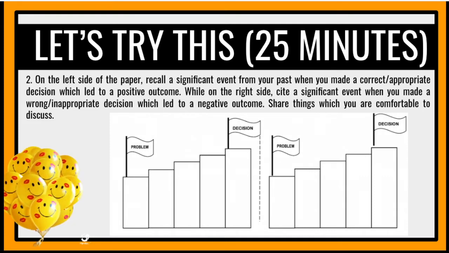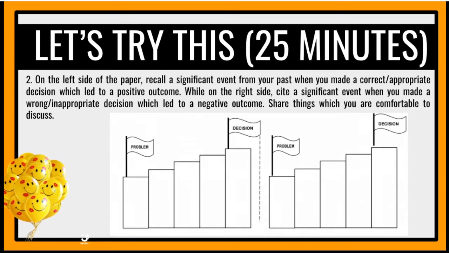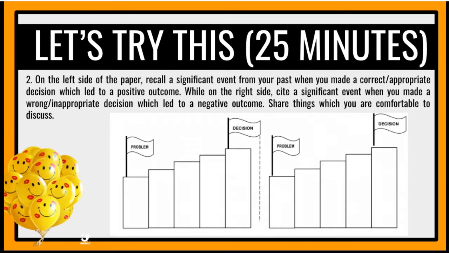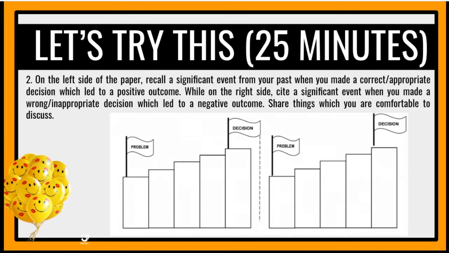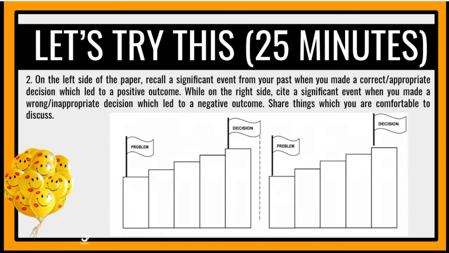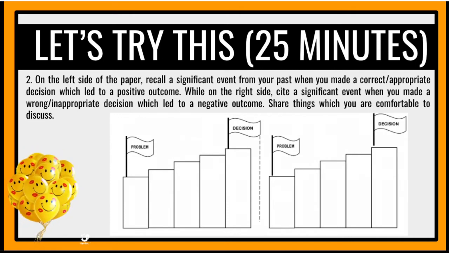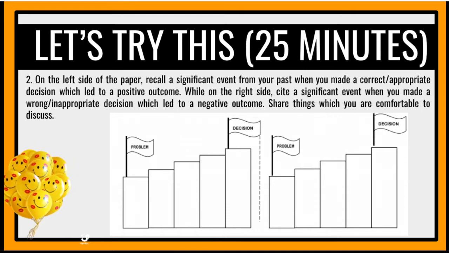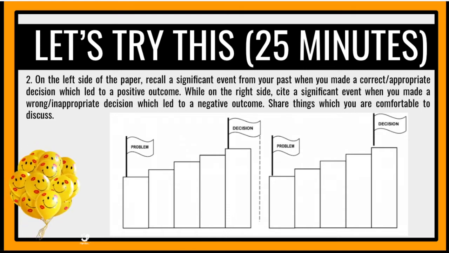While on the right side, cite a significant event when you made a wrong or inappropriate decision which led to a negative outcome. After this, you can pause the video and try doing the activities, and we can share these things which you are comfortable to discuss.